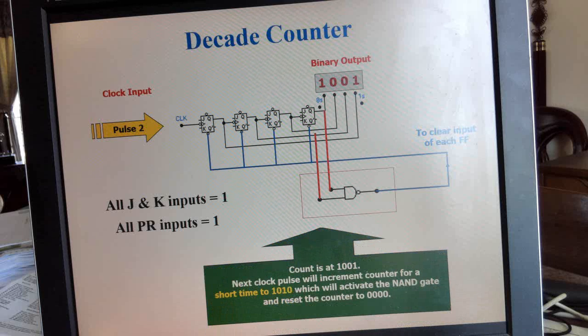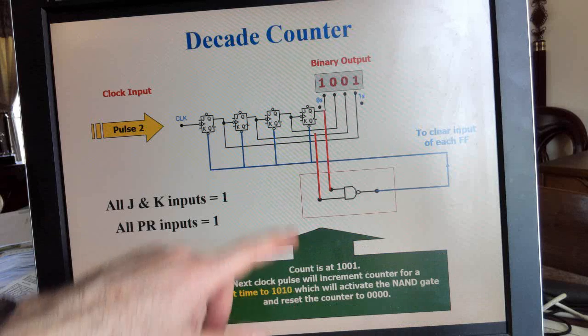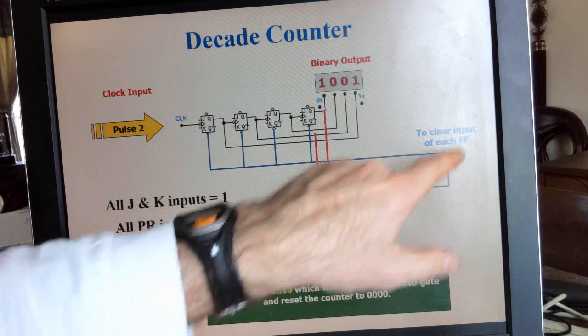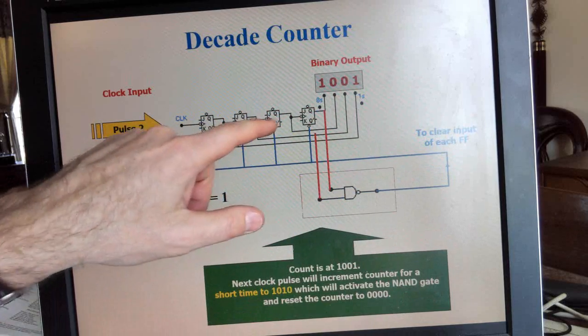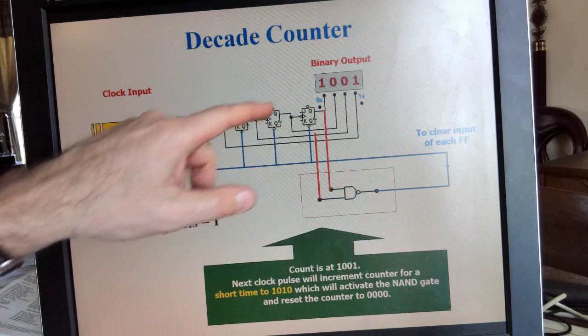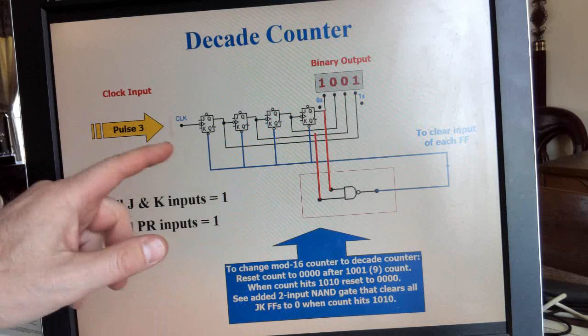Then on the next clock pulse, we're going to get 1, 0, 1, 0, which that 1 here and that 1 here is going to reset this and set our JK flip-flops to a clear state and put out a 1. So here we go. Clock pulse in.